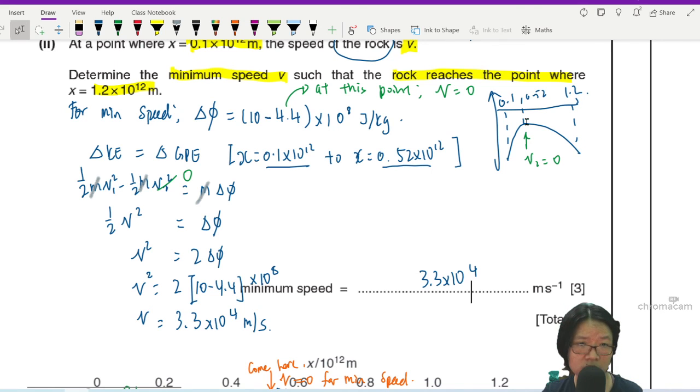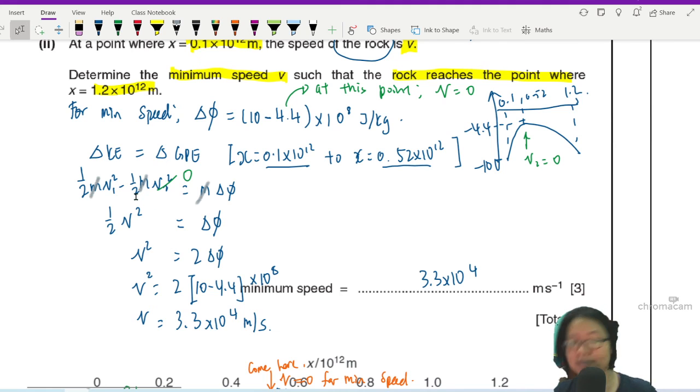And to get it to the turning point, I only need to bring it from -10 to -4.4 times 10 to the power of 8. So then I can take the change in GP, which is mass times change in potential, and equate it to half mv square minus half mu square.